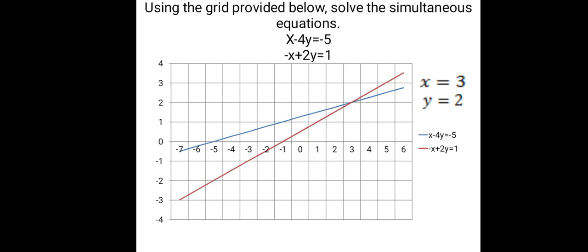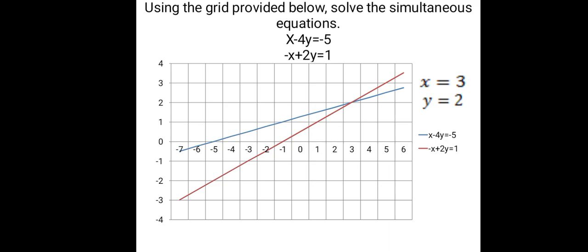But if you are solving manually, you have to find at least 2 values of x and y for the first equation, and at least 2 values of x and y for the second equation, and then those values give you 2 points. So those 2 points will join with a straight line, and the lines will look like the one I have.